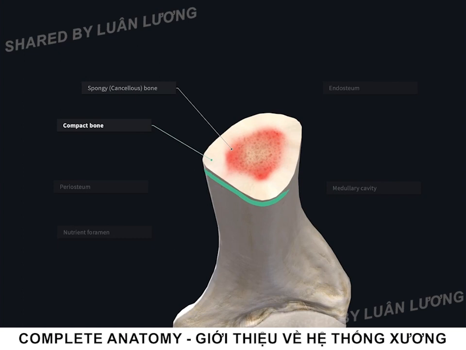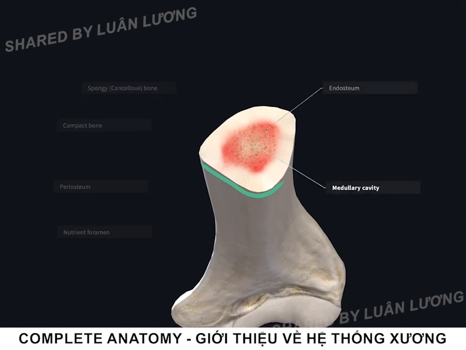And this is going to start to surround an internal space known as the medullary cavity, also known as the marrow cavity. So the marrow or medullary cavity is going to be the central portion of these bones, and it's going to be lined by a layer of specialized cells known as endosteum.